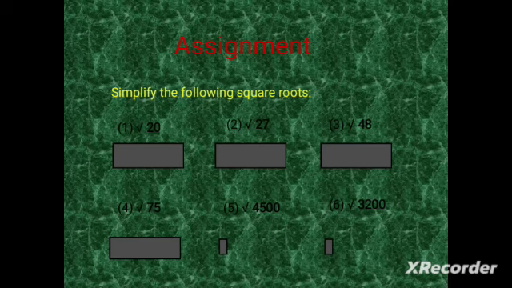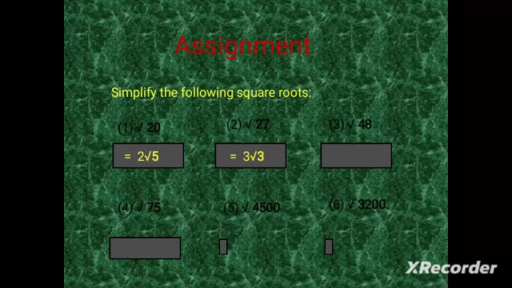Now, let's take the assignment. We have quite a number of them. Number 1, square root of 20, and this one is 2 root 5. You think of the two factors, with one of the factors being a square number, so that you simplify it further. Number 2, root 27.